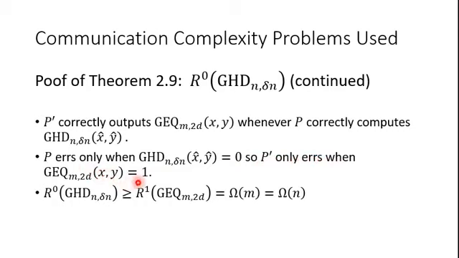And so we get the reduction relationship that we were looking to prove, and we know that the one-sided communication complexity that makes errors only on 1 for GEQ with our setup is omega of m. We saw this before, and the way we defined m, we obtain that it equals omega of n, and we get our reduction proof.